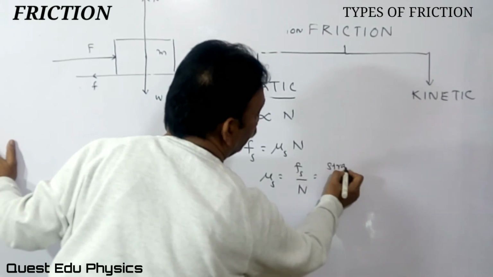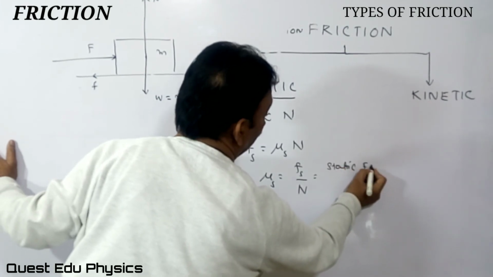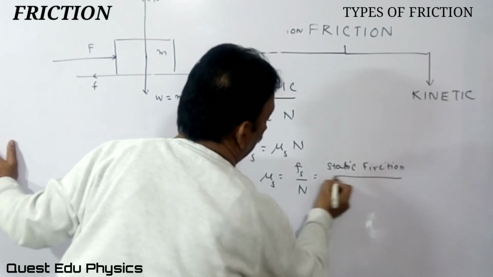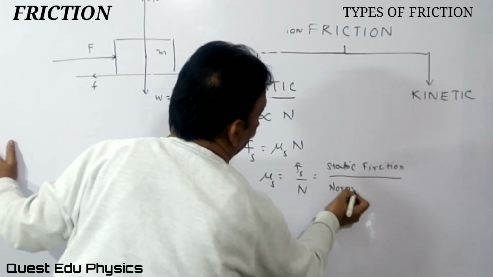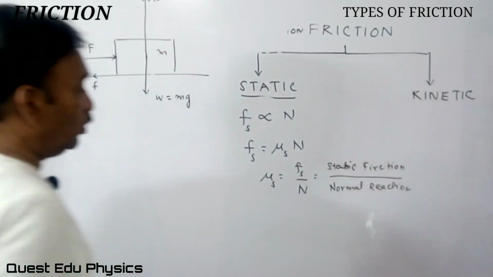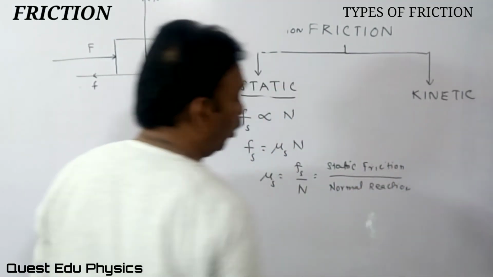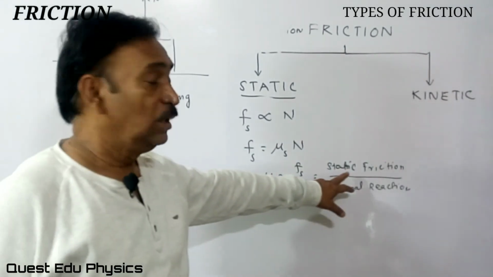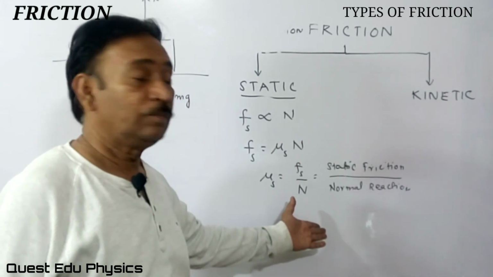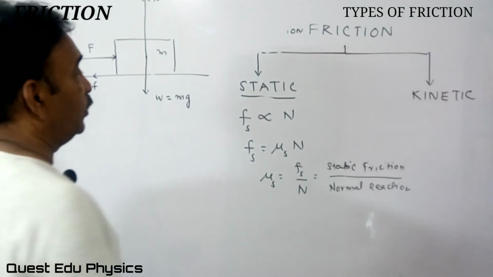Static friction upon normal reaction. These two are the forces, frictional force and normal reaction. That's why the ratio is a constant. So, we call mu s the quotient of friction.